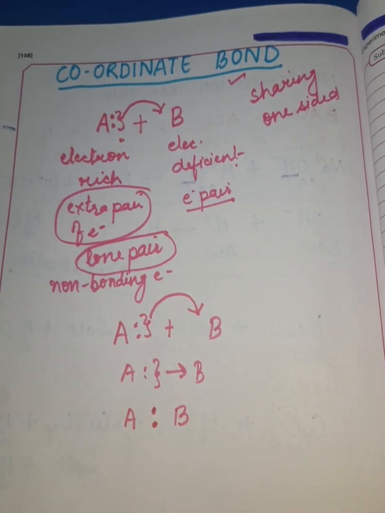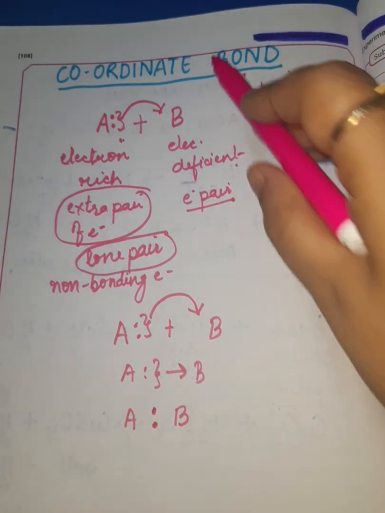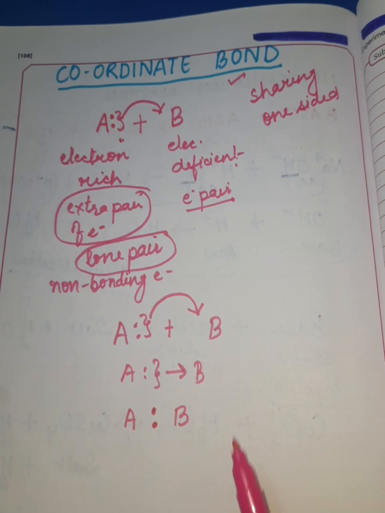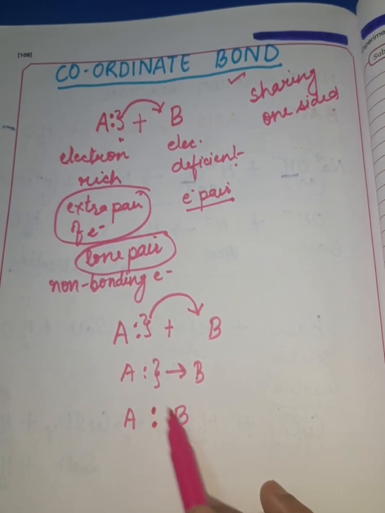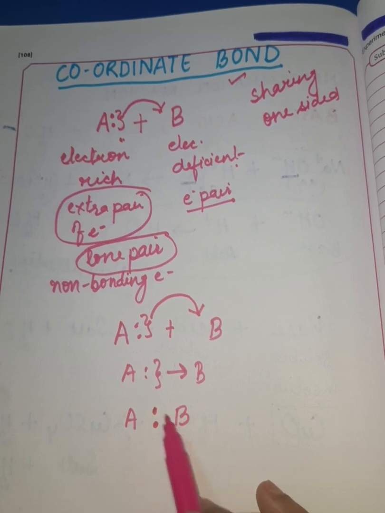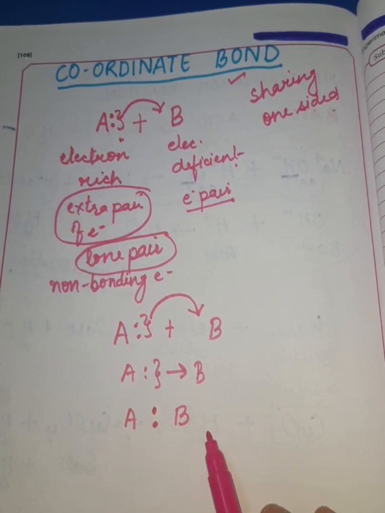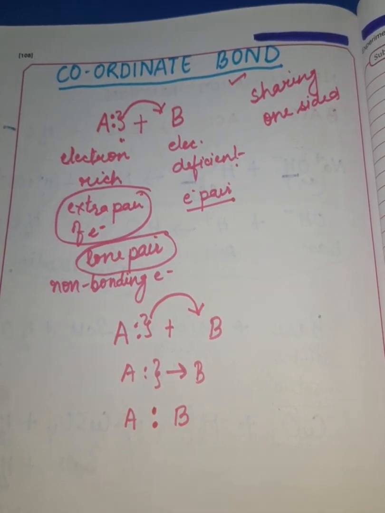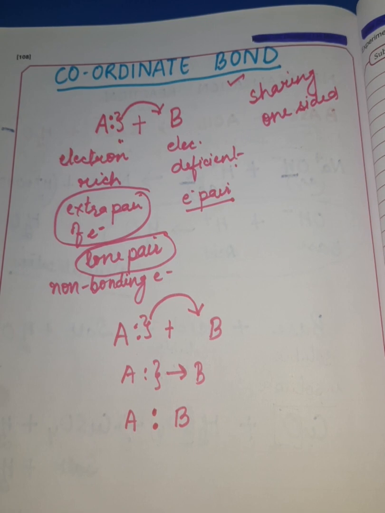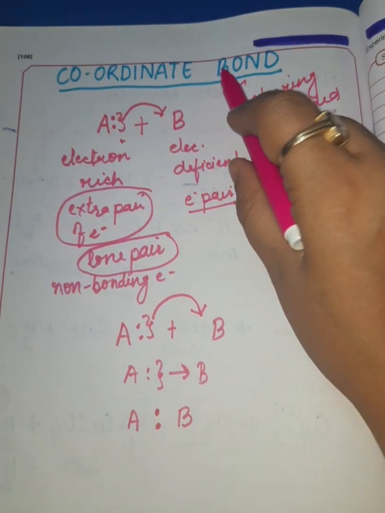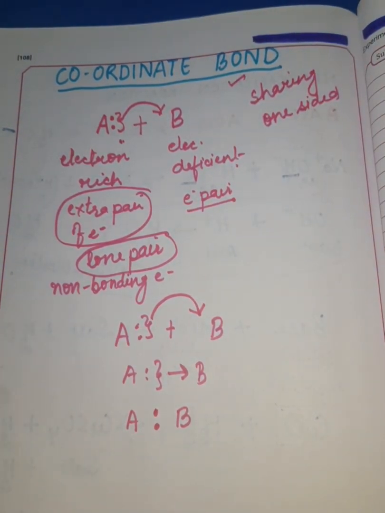That means once the coordinate bond is formed, these electrons cannot be differentiated as to whether they belong to A or B. In other words, once the coordinate bond is formed, there is no difference between coordinate bond and covalent bond.